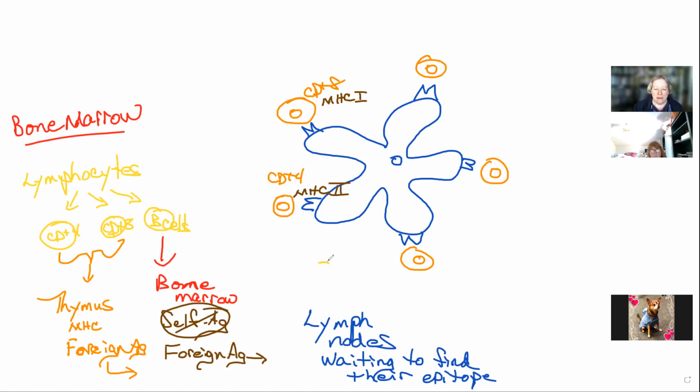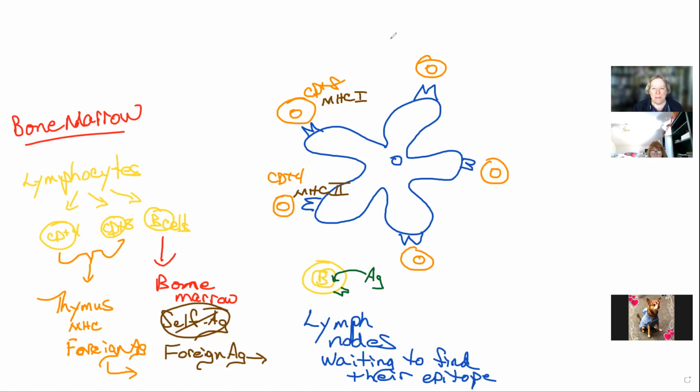Meanwhile, my B cells, okay, can pull antigen from the environment, okay, and act as antigen presenting cells.